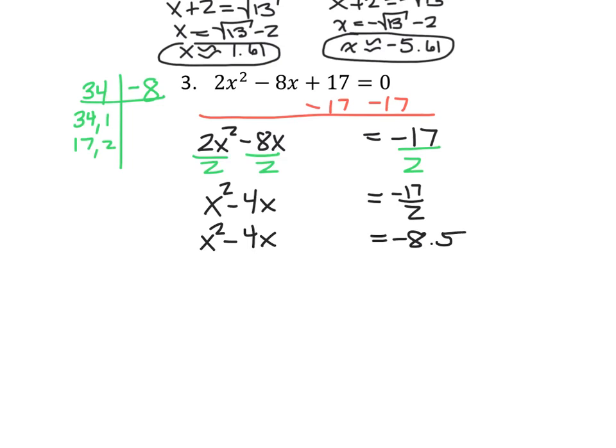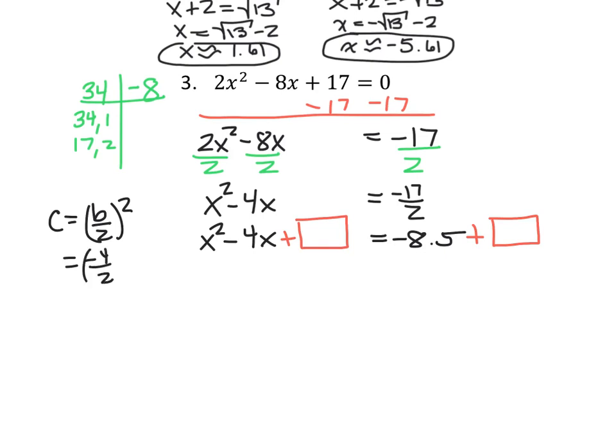Okay, so we want to create that perfect square on the left-hand side. So we want to find some value of c we can add over here to make a perfect square. And if we add that on the left, we're going to need to add that on the right. And so, again, the value of c that's going to make a perfect square is half of b, squared. So we have half of -4 squared, and that's going to give us -2 squared is +4.